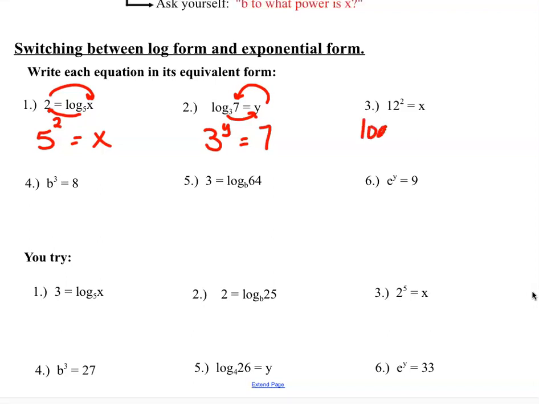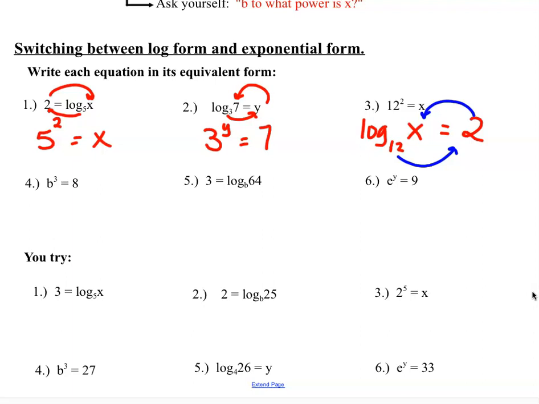So we would say log base 12 of something equals our power, right? The power is always the answer. So our power is 2. So it's got to be log base 12 of x equaling 2. And you can always check it, do your circle. Do you get back to what the other statement was? Okay.